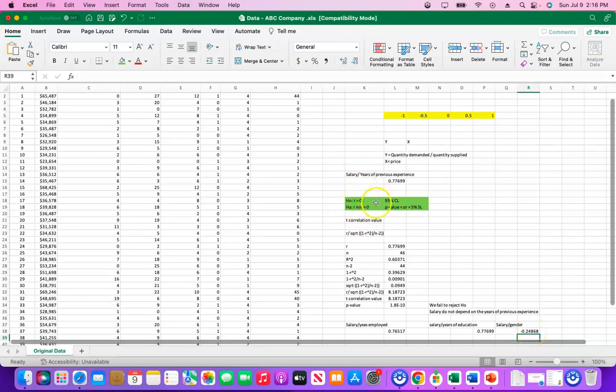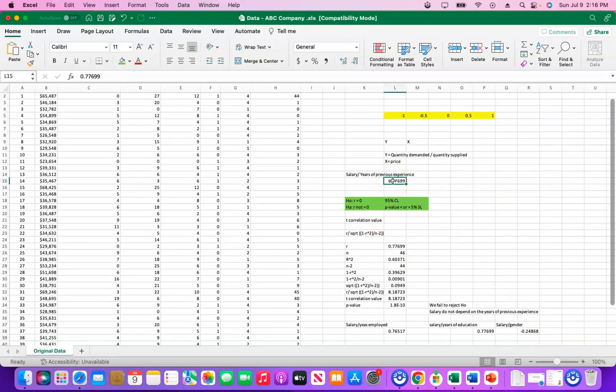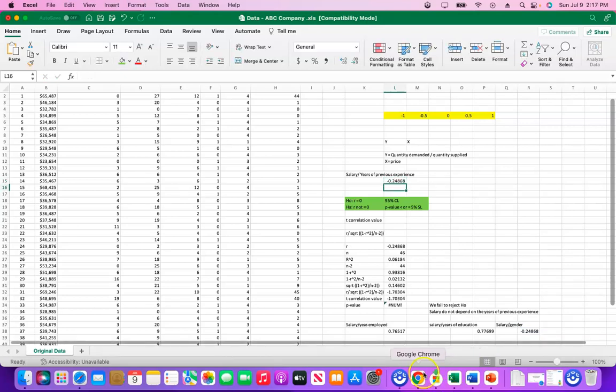We need to create this hypothesis and test it as we did here. So let's change this correlation to look like this and find out if that correlation is significant or not. I'm going to click there, put an equal sign, select this correlation, which is gender, and see what happens.